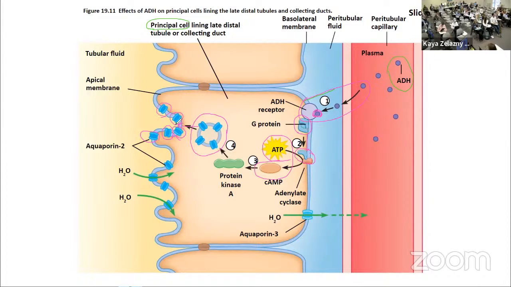The function of this aquaporin 2, which is specifically a type of protein, is to allow water into the cell. So we're reabsorbing water here, right? We're pulling it out of the filtrate, concentrating down that filtrate into urine.